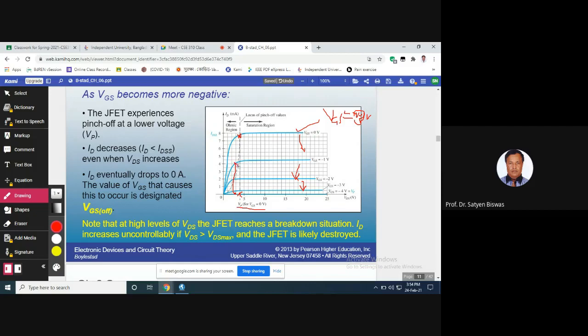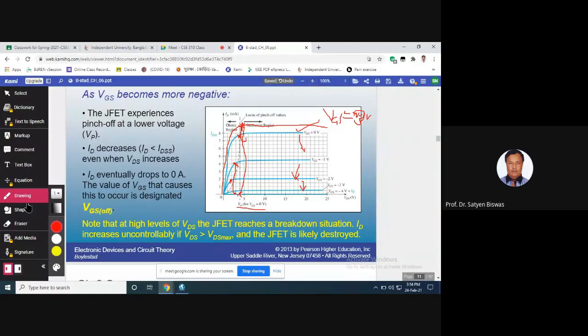And see, for this one, pinch-off voltage is here, and in this one, pinch-off voltage is here, right? But if we increase the voltage, let's say this is my hand drawing curve, if we make VGS equal to some positive, then the pinch-off voltage will be higher. If we go up, it will be around here, which is more than the 5 volt.